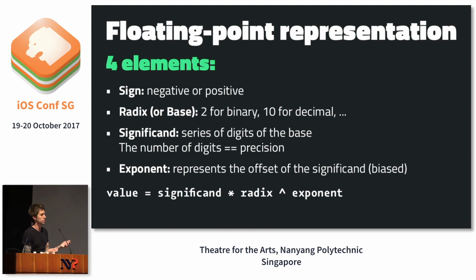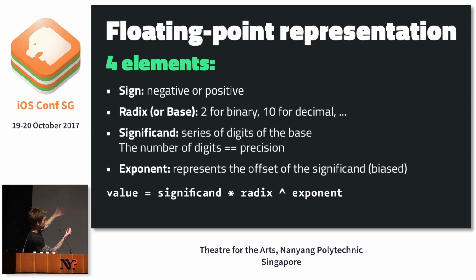But floating point values are not that simple. They have 4 different elements. We have a sign, we have a radix or the base, so again, binary is base 2, decimal is base 10. We have the significand, so this is the number of digits of that base, and then we have our exponent, which is the offset. And the exponent is biased, and we'll discuss what that means later.